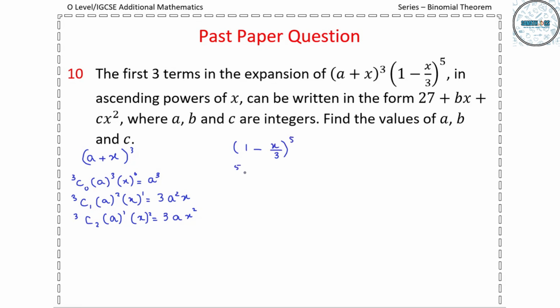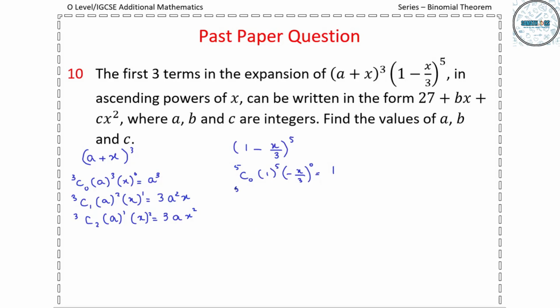Now we will do the expansion of (1 - x/3)^5. So the first term is 5C0, 1 with power 5, (-x/3) with power 0, which is equal to 1. 5C0 is 1, 1 power 5 is 1, (-x/3) with power 0 is 1.